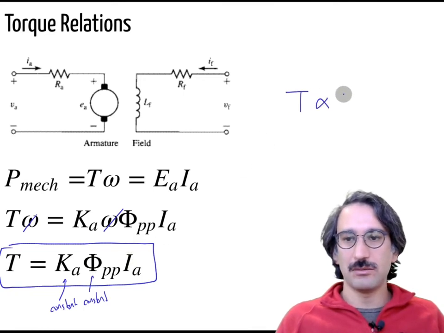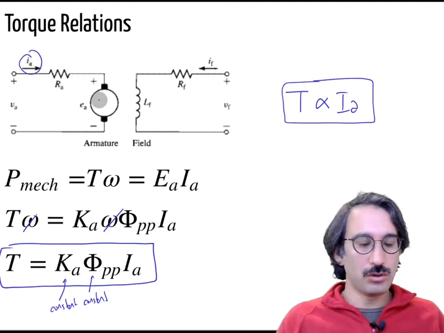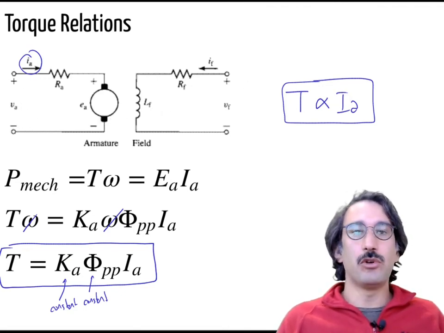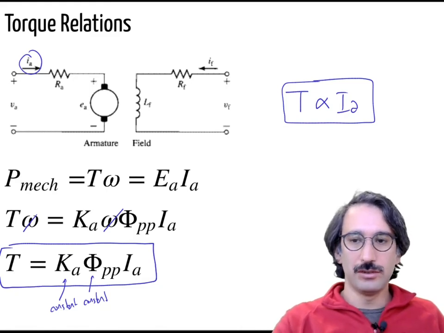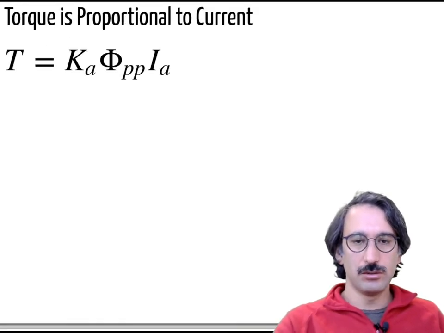T is proportional to armature current. So the more current that you can send, the more torque you generate. Of course, in order to send more current, you need to apply more voltage, and we will talk about those things in the control of DC machines.